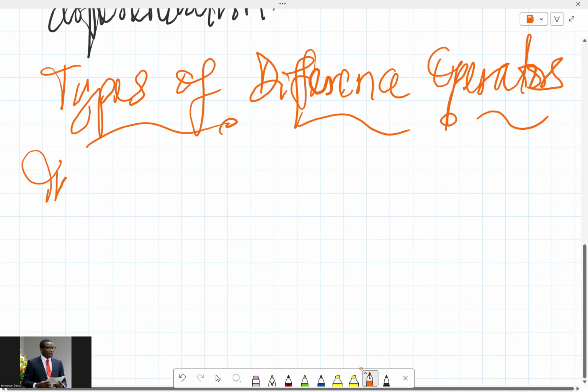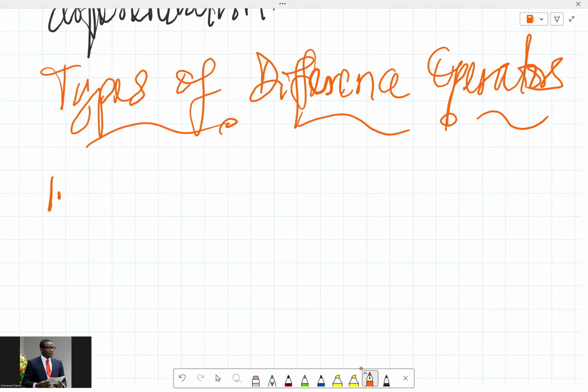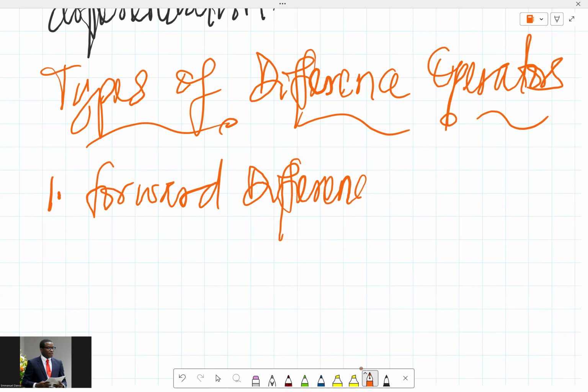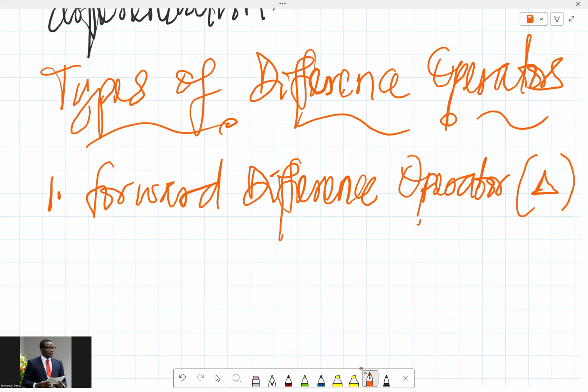First of all, the first one is the forward difference. Just like forward difference was the first one we considered, here we have a forward difference operator, and each of them has a symbol attached. It looks like a triangle with the tip up, so to speak.